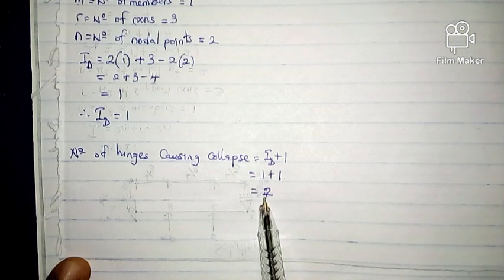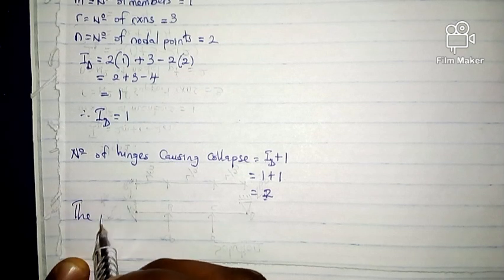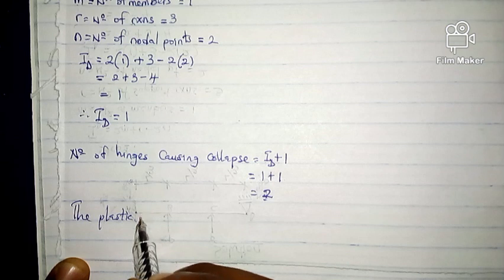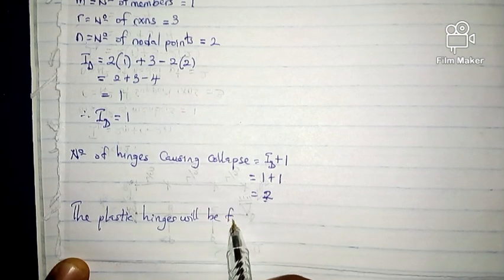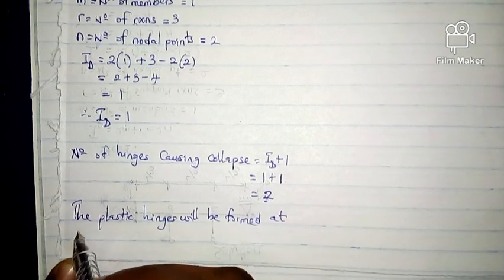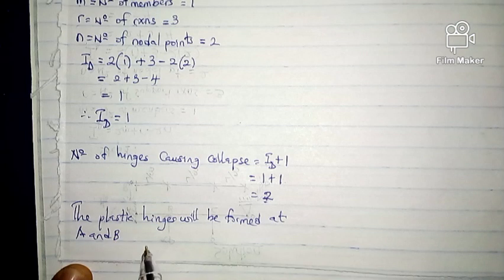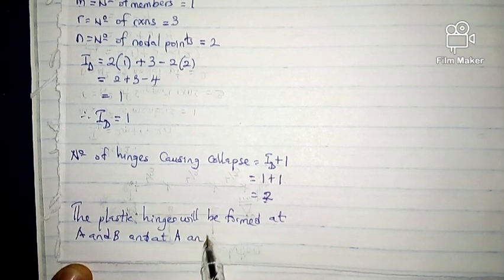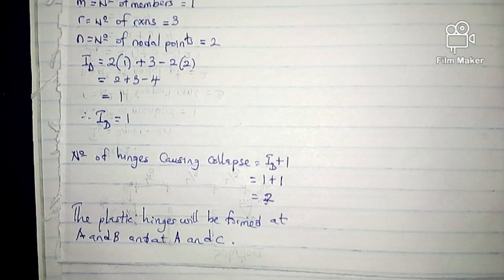That is to say that the plastic hinges will be formed at A and B, and at A and C. So let us show you where they are going to be formed on the cantilever.